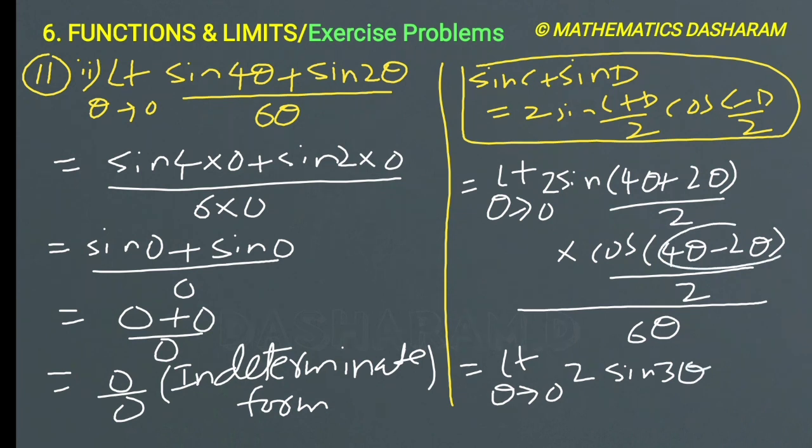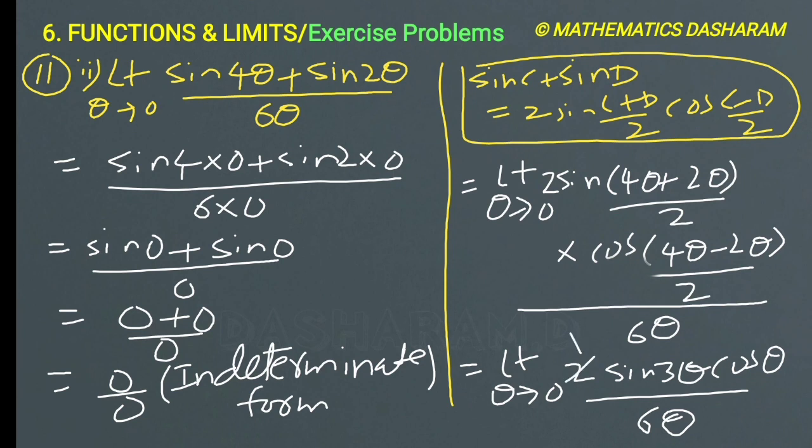Next, 4 theta minus 2 theta is 2 theta, by 2 is theta. So cos theta divided by 6 theta. Here 2 ones are 2, 2 threes are 6.